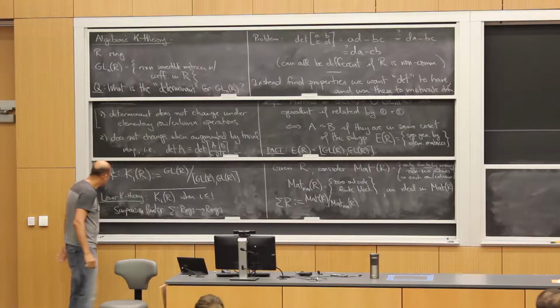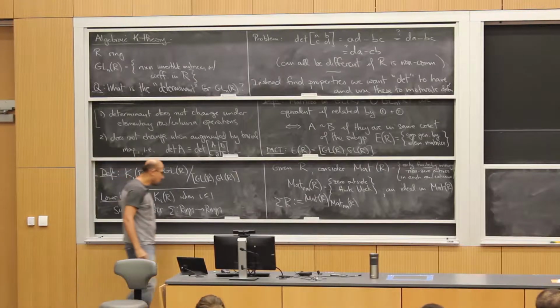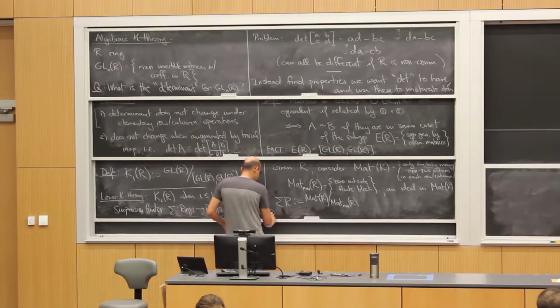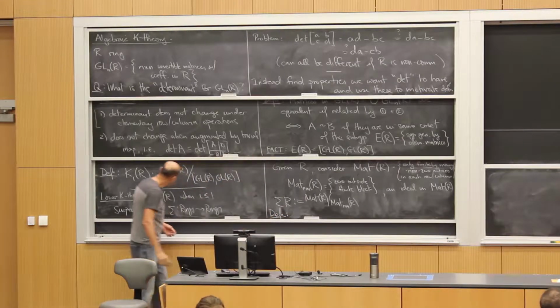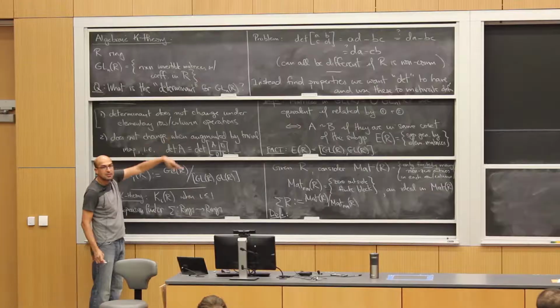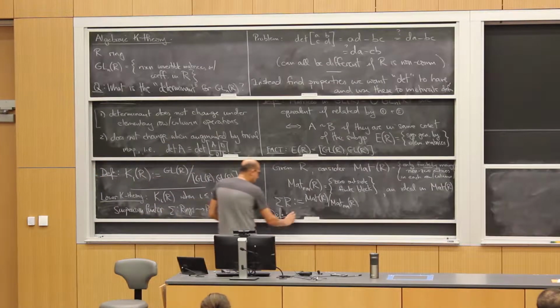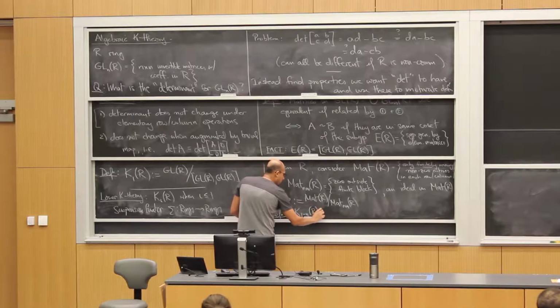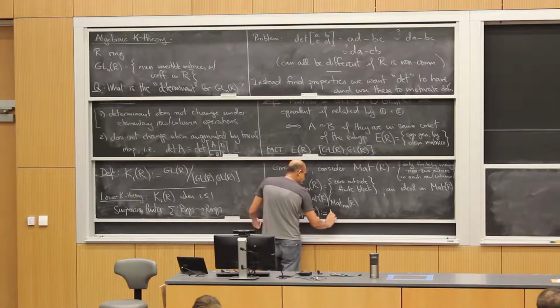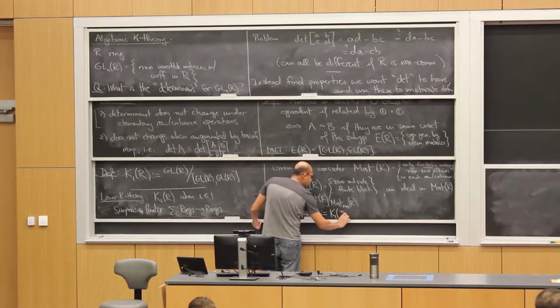And then the lower K-theory is defined by applying the K1 functor to the suspension. So K_{1-n} of R is defined to be K1 of the n-fold suspension of R.